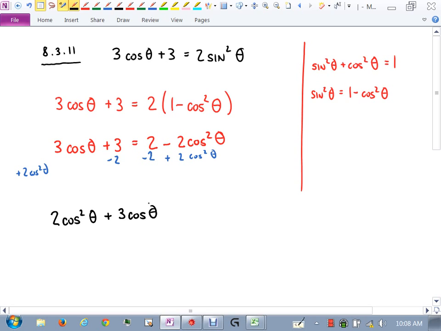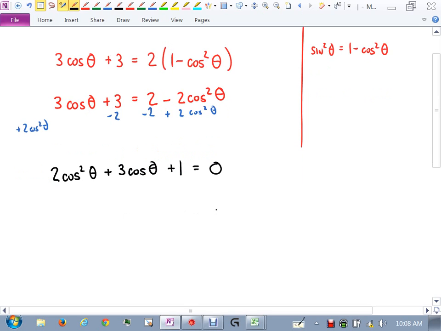What number is still there? Plus 1 must equal the right side, which is 0. And now, do you see that that's a quadratic? It's a quadratic equation in cosine theta, meaning I can split this into 2 different factors.